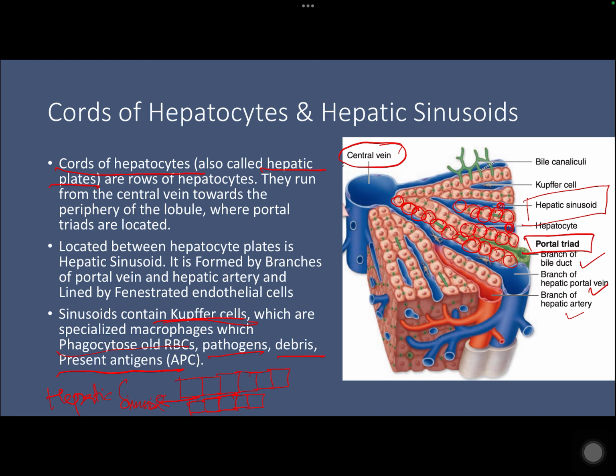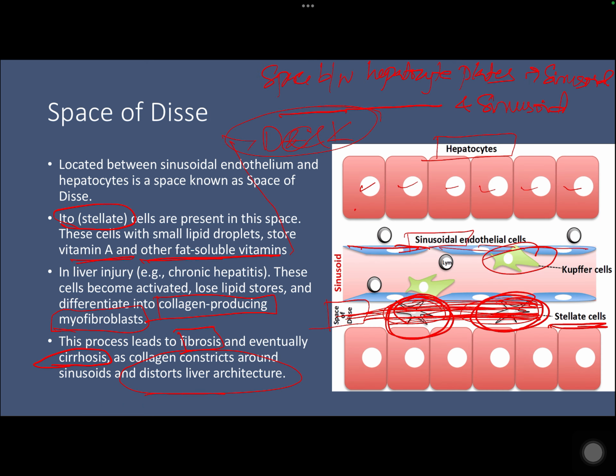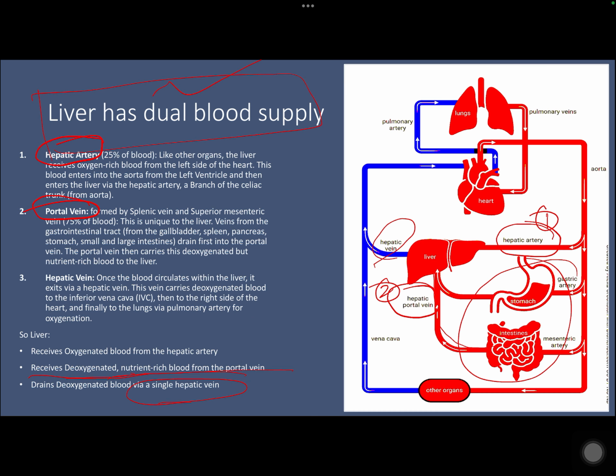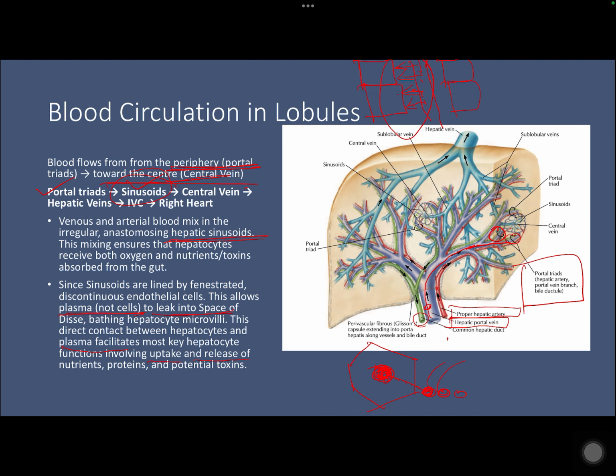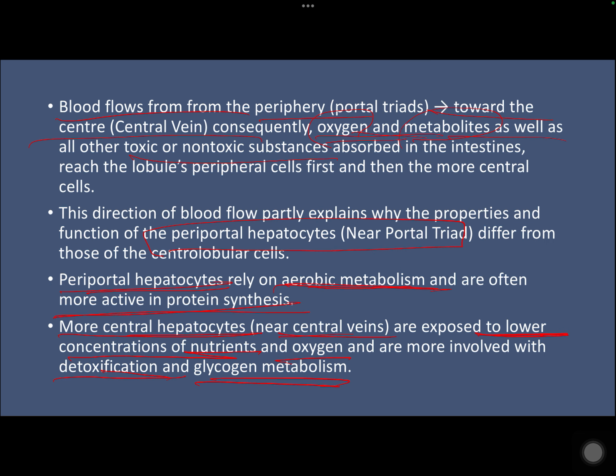Then we discussed what is a hepatic sinusoid, Kupffer cell, space of Disse, Ito cell or stellate cell, and the role of these cells during chronic liver injury. Then we discussed the dual blood supply of the liver, the flow of blood from the periphery towards the center in the liver.